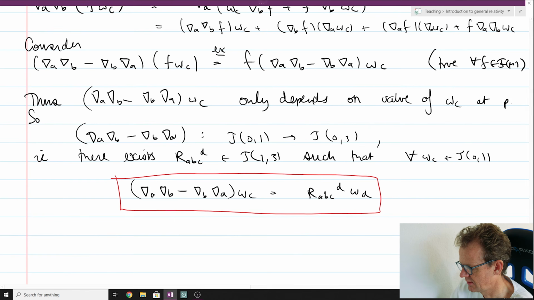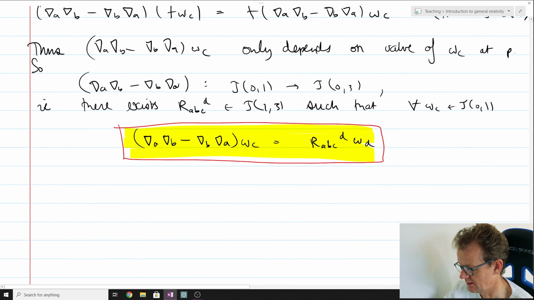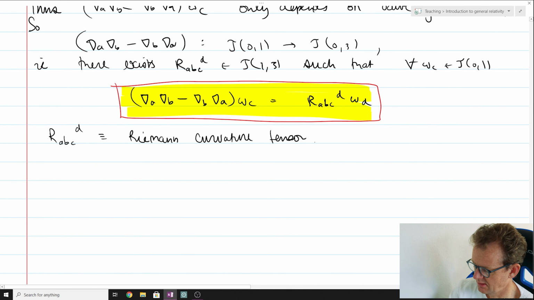And now I've just defined for you the Riemann curvature tensor. It does turn out to be a tensor in this case. So R, A, B, C, D is something called the Riemann curvature tensor.